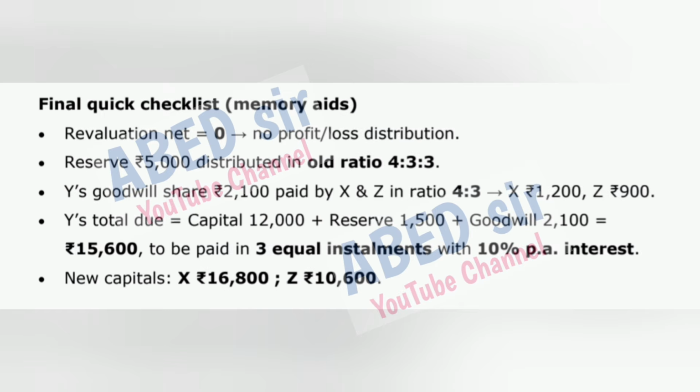Y's total due is equal to capital 12,000 plus reserve 1,500 plus goodwill 2,100 is equal to 15,600 rupees, to be paid in 3 equal installments with 10% PA interest. New capitals, X 16,800 rupees, Z 10,600 rupees.